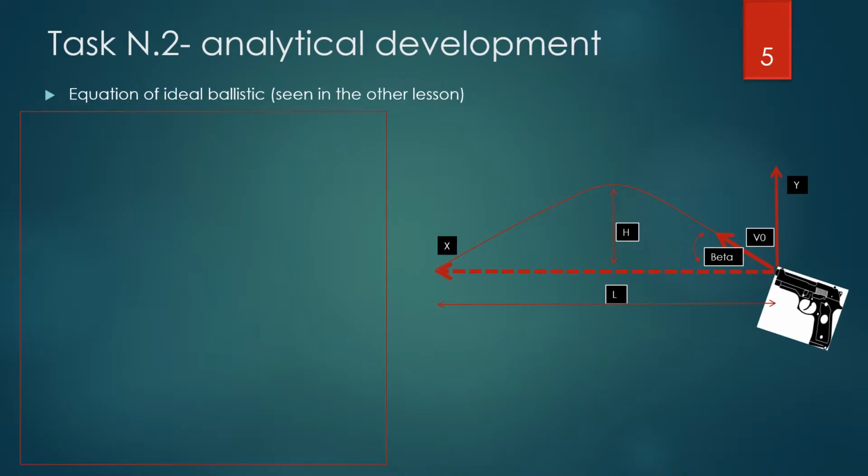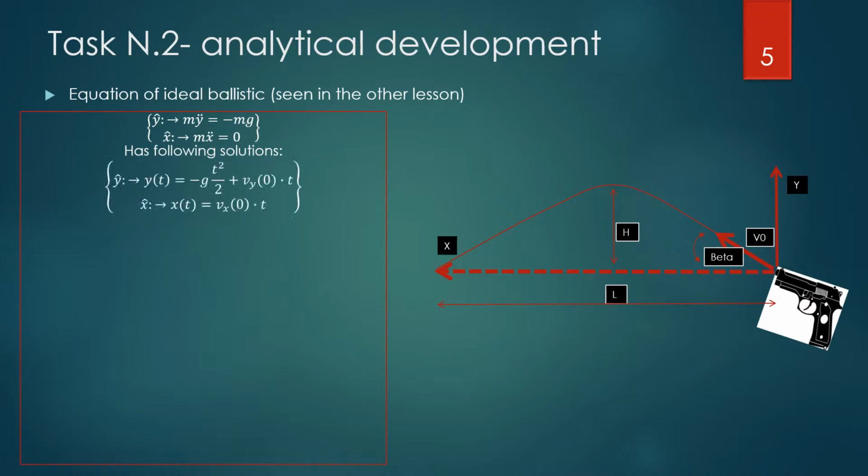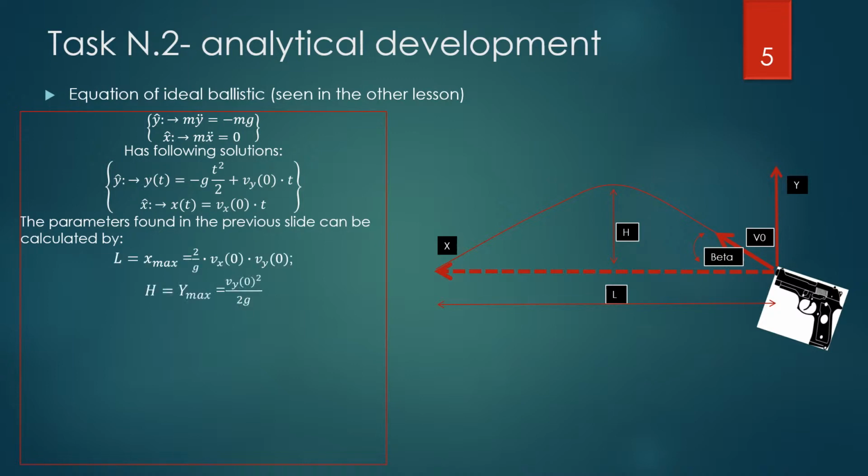The question is, are the equations, the theoretical ballistic, enough to display our observation, to justify the values we have found? The equation is giving a parabola from which we get the range L, the height H, and the maximum time. Using our values, the shot is traveling at 20 meters per second with an angle of 45 degrees.